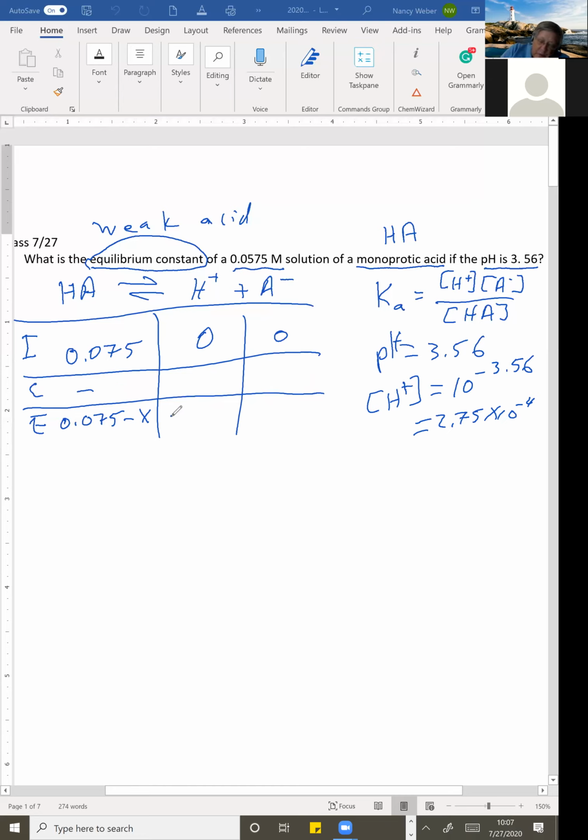So this is going to be 2.75 times 10 to the minus 4, 2.75 times 10 to the minus 4, as is this last one.